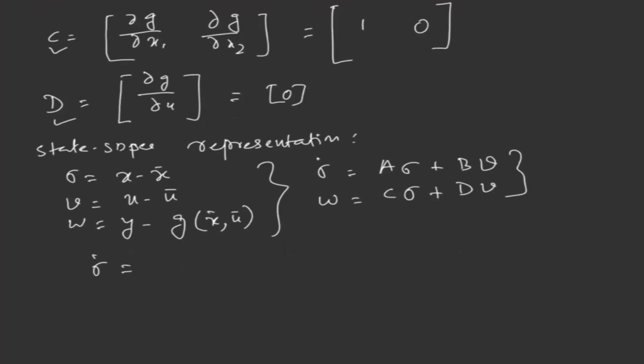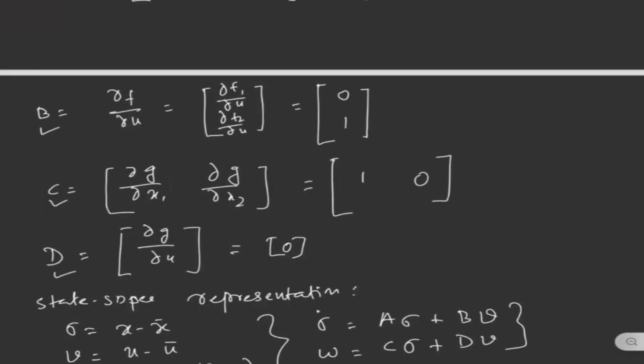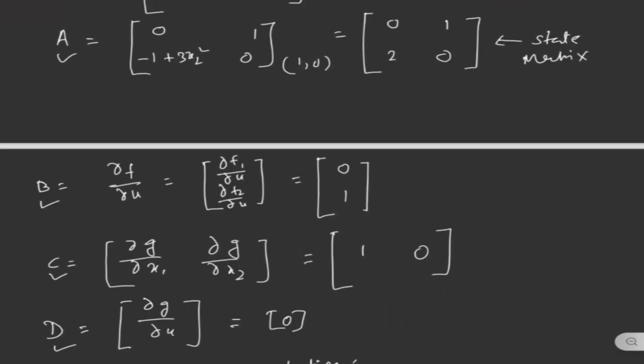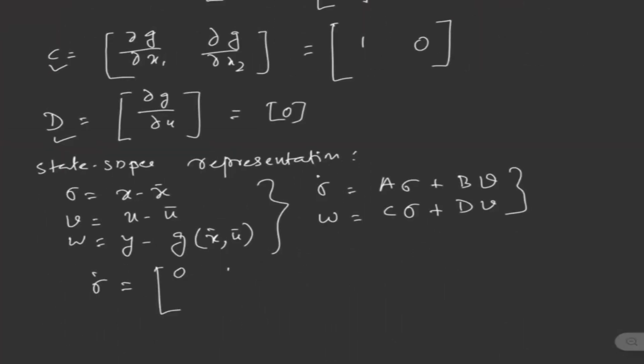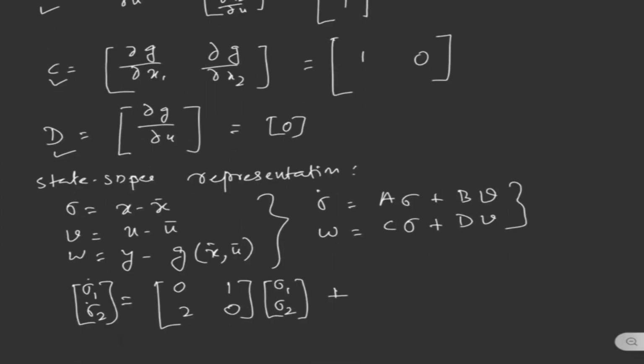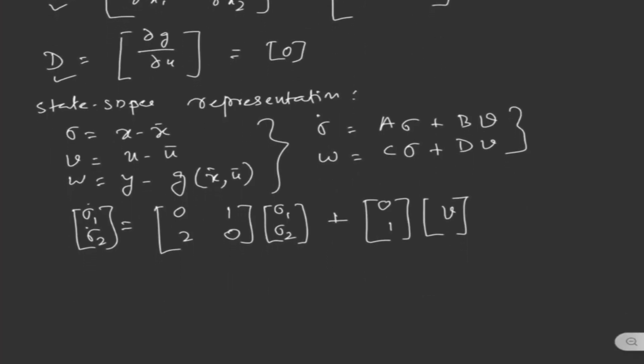Now if you substitute the matrices A, B, C, D in this linear system, we have sigma dot equal to [0, 1; 1, 0] times sigma 1, sigma 2, that is sigma 1 dot, sigma 2 dot, plus the B matrix, which is [0; 1], times V. Here there is only one control, so V's dimension is 1.